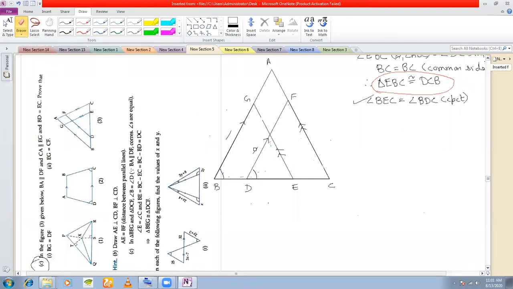Okay, next, what other angle can I see from these two? What I can say is this angle is equal to this angle because they are corresponding angles again, because this straight line is parallel to this straight line, right? Any questions till now? No, sir. So two angles I have shown to be equal.